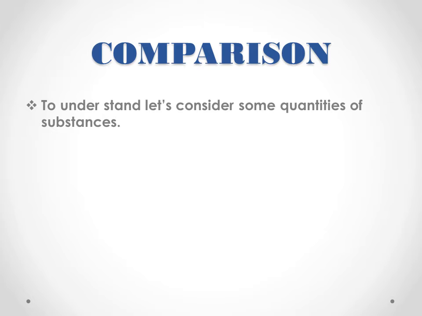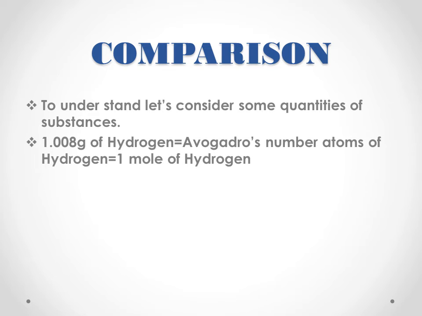Now here we make a comparison between them. Let's consider some quantities of a substance. For example, hydrogen is an element. It has atomic mass 1.008. We express this number in grams.